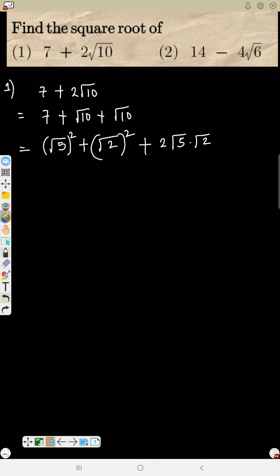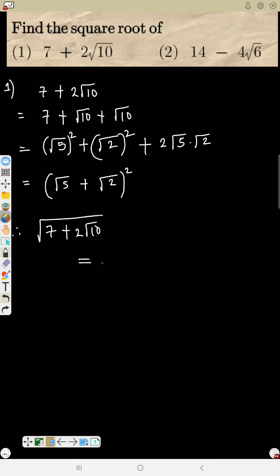So now the next one will be, all this is the same thing as square root of 5 plus square root of 2 square. So now square root of 7 plus 2 root 10 is equal to square root of root 5 plus root 2 square.